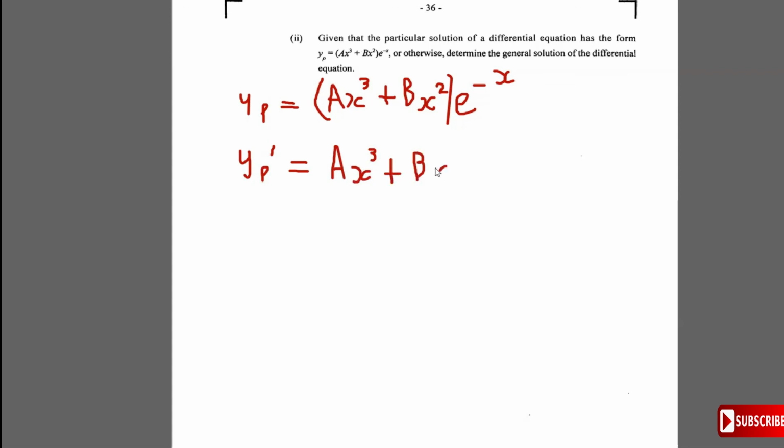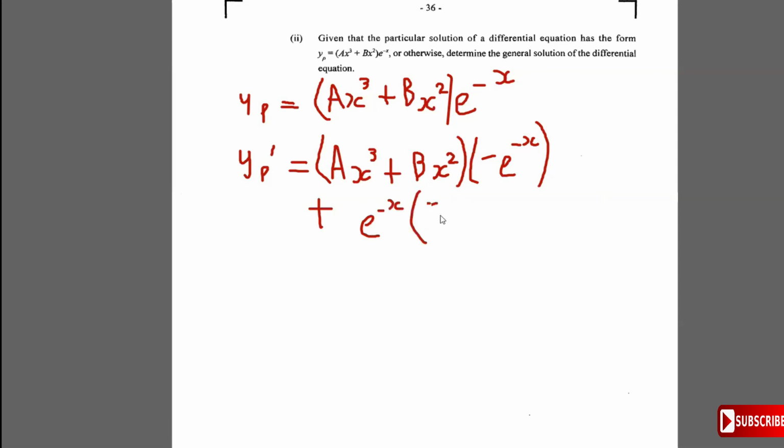Then we multiply it by the derivative of the second. When we differentiate e to the minus x, we get minus e to the minus x, plus, we keep the second, which is e to the minus x, multiplied by the derivative of the first.